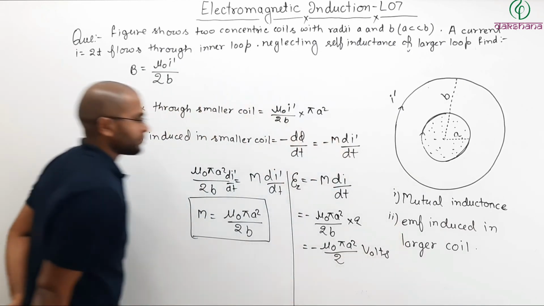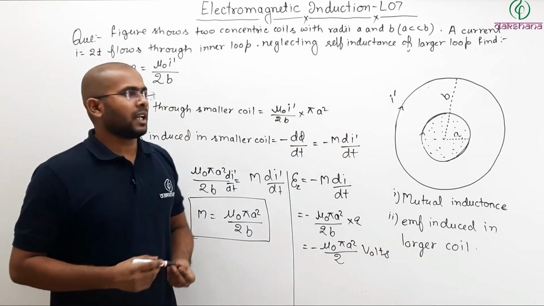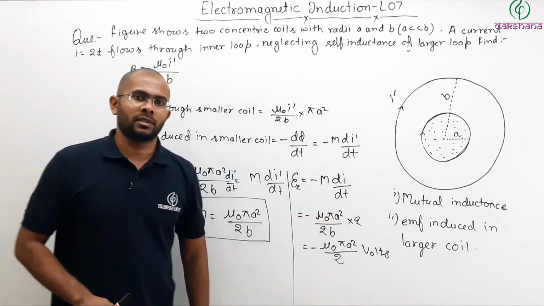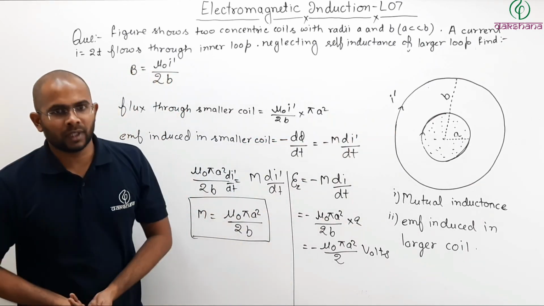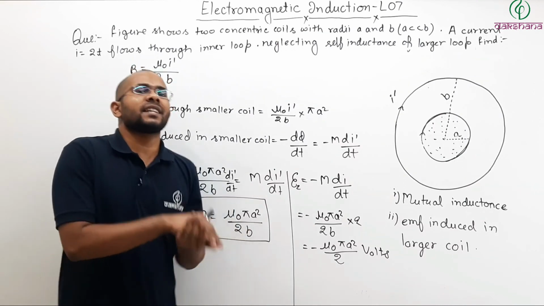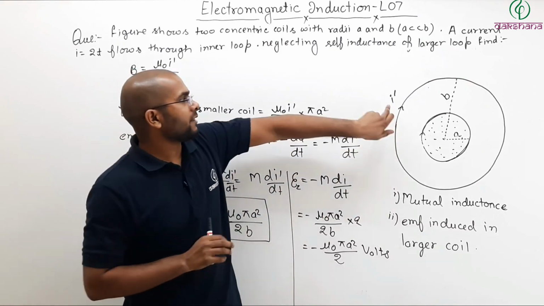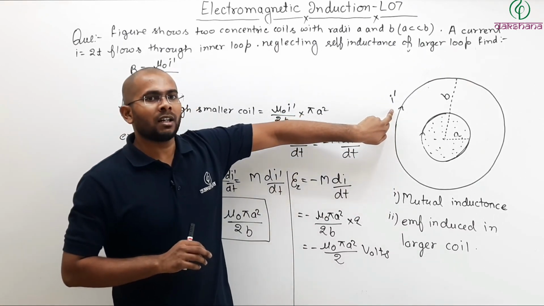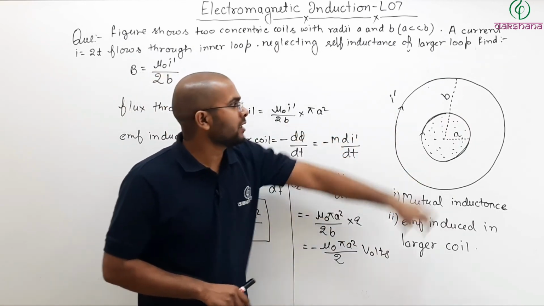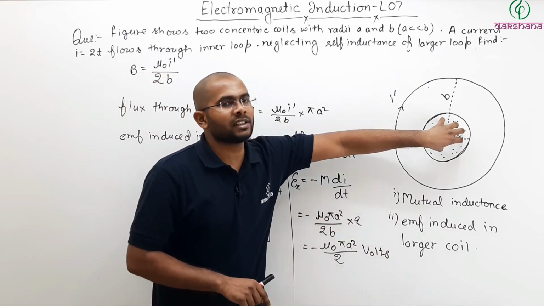So remember, I am saying it again and again, that mutual inductance depends upon your geometrical shape. So it does not matter how you calculate, it will remain the same. But in some cases it is easier to calculate. Here I have taken I' in the larger coil. What was the benefit of that? I could take the magnetic field through this entire smaller region to be the same.